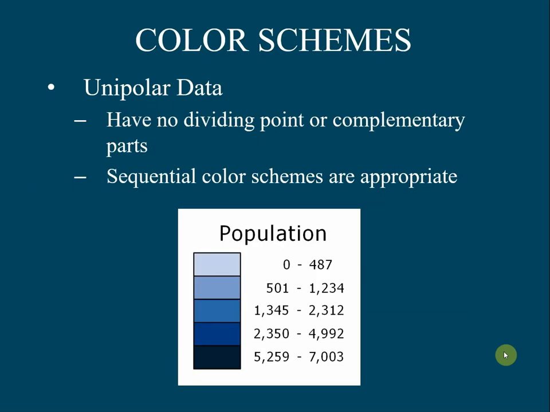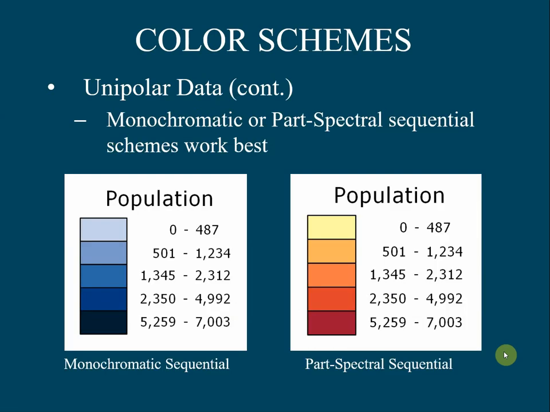So again, looking at unipolar data, that means we have no dividing point or complementary parts, and sequential color schemes are going to be the most appropriate. We can go with a monochromatic or part-spectral sequential scheme. That's what I was referring to before. Monochromatic is when we pick that single hue and run with that.